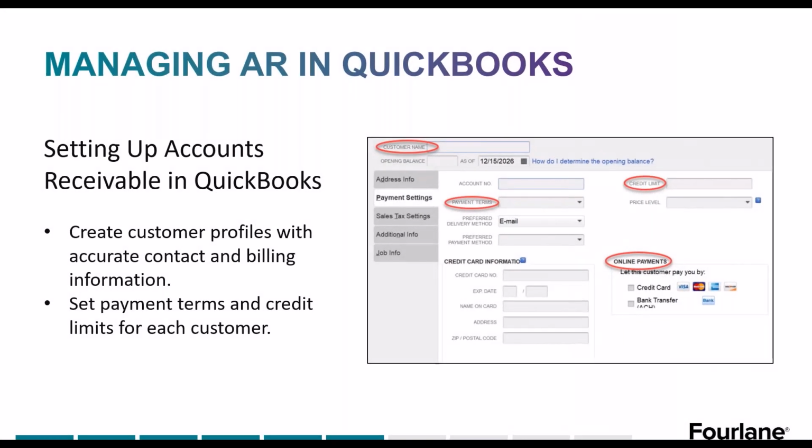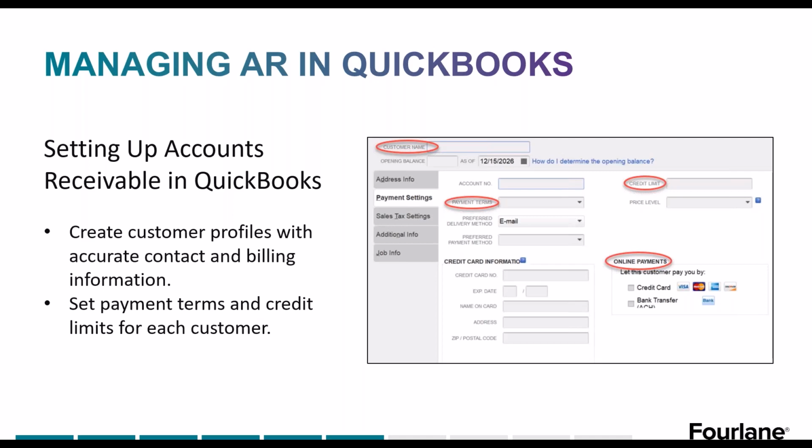So how do we set it up? A couple steps here. First thing, set up the customer profile. You're going to have the customer before you're going to be able to do an invoice. So you'll start by doing that. I would recommend maintaining up-to-date customer records, making sure you have the right email address, because especially if you're going to be emailing those out, or mailing address if you're mailing them out, which I hope everybody's using email.